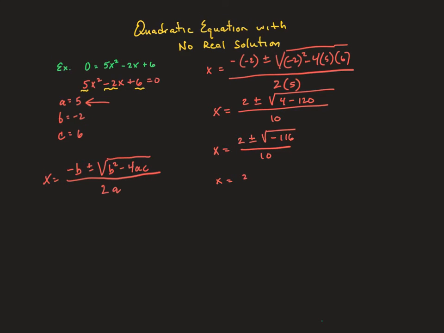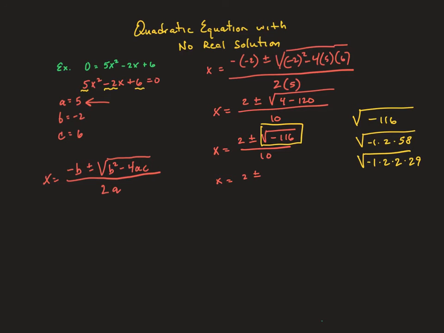I'm just going to work this portion over here: the square root of -116 is the square root of -1 times 2 times 58, which is the square root of -1 times 2 times 2 times 29.